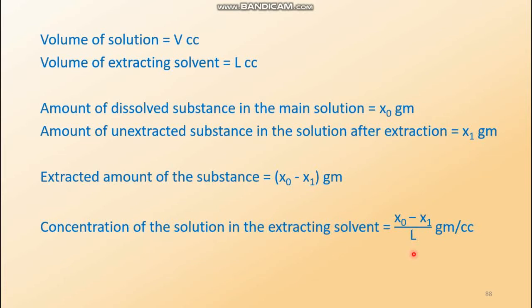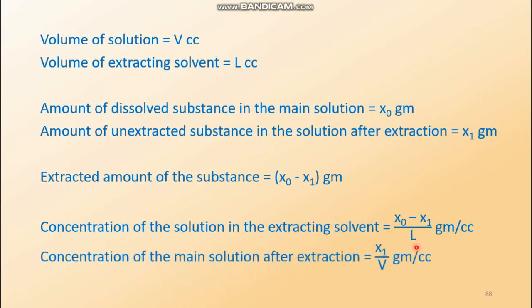Now it is not just solvent, it has also become a solution, the chloroform solution, of L cc. So x0 minus x1 over L is the concentration of the solute within the extracting solvent.